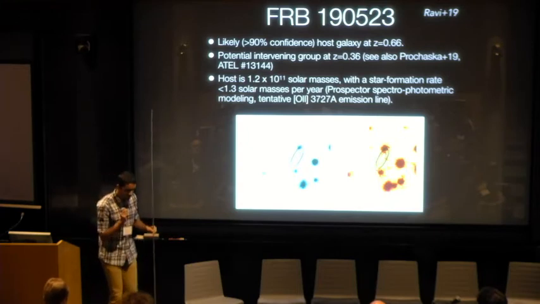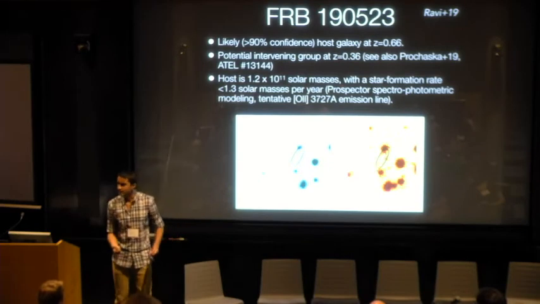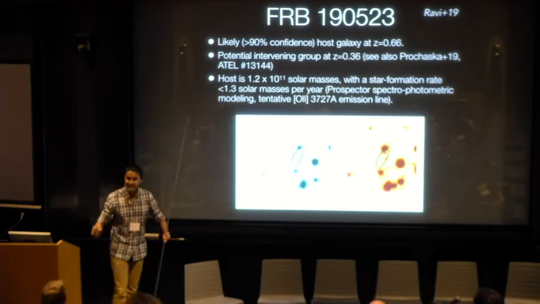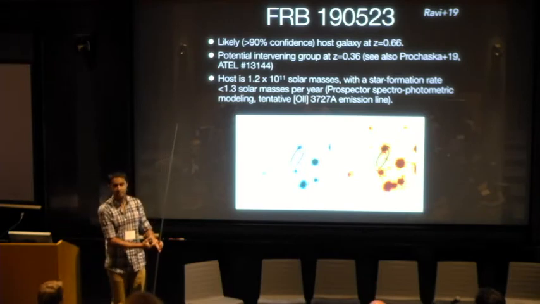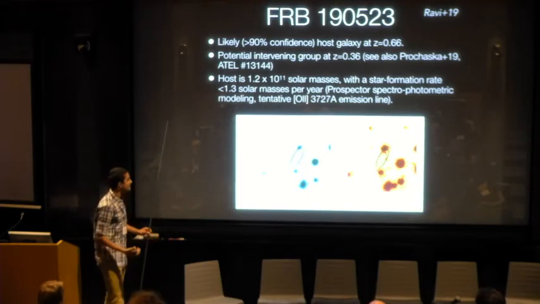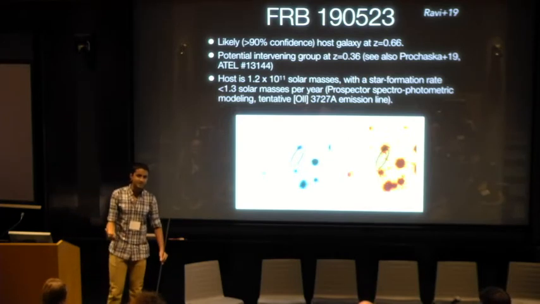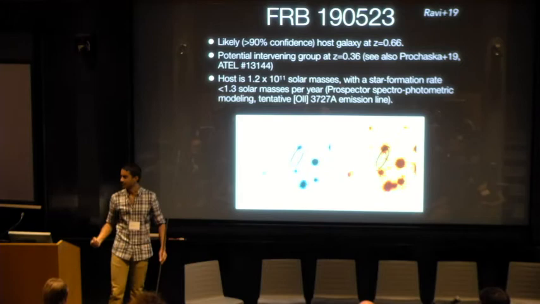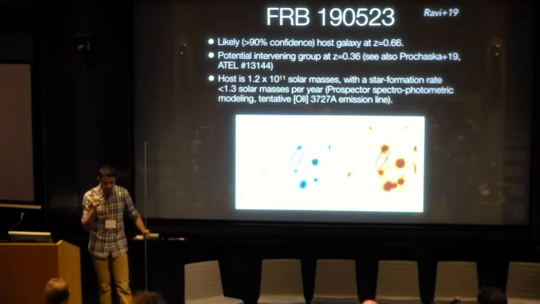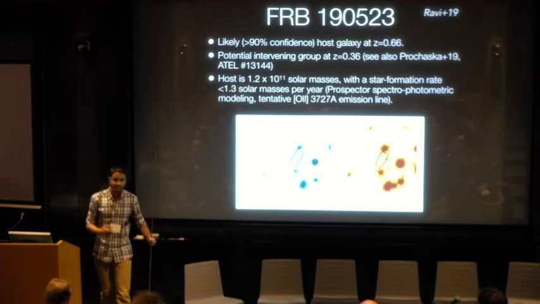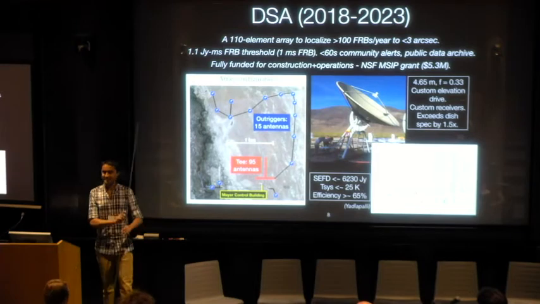This upper limit was inflated, I would say, by the detection of an [O II] line, which is almost certainly an AGN line, but we haven't quite gotten around to getting a near-IR spectrum to look at the H-alpha, for example. So we have this teeny little line, which is probably an AGN line, but we have to interpret that as star formation and thus set the upper limit on the star formation rate. Just from the SED, the upper limit is somewhat under a solar mass per year. And so that's the FRB.